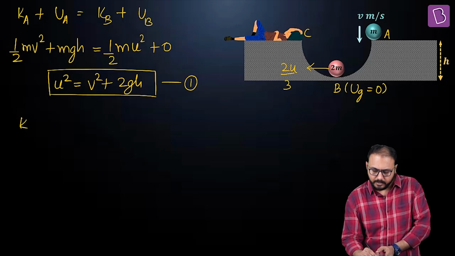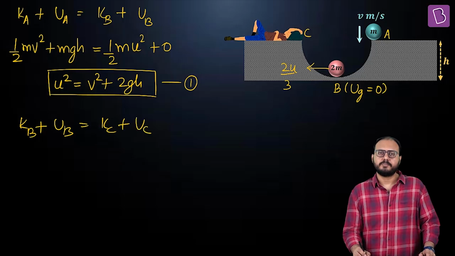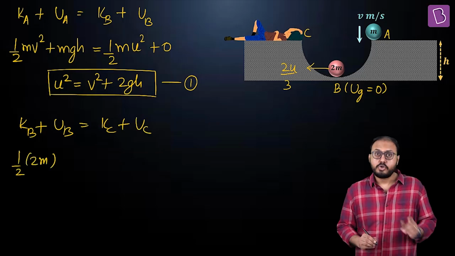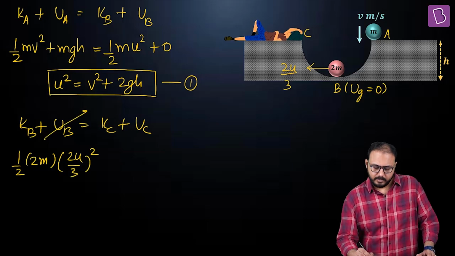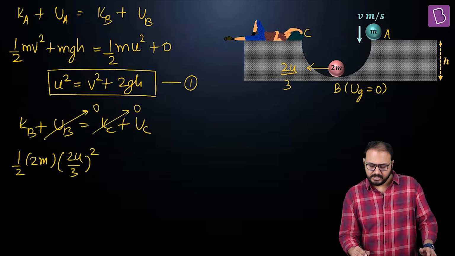So, KB plus UB is equal to KC plus UC. KB is half times 2m times (2u by 3) square. UB is 0. KC is 0, it just touches there.